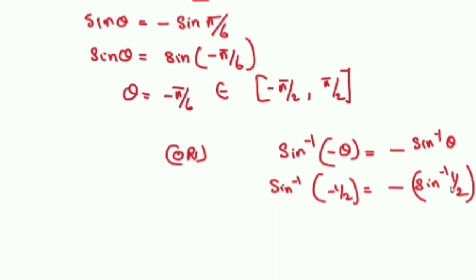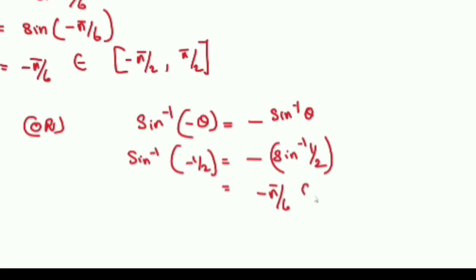Whenever you find an inverse, you have to think about the angle. As I told you, an inverse function gives you the output as an angle, but a trigonometric function gives you the output as a ratio. Here this is an inverse, so think of the angle. So this angle is minus pi by 6, which belongs to this range. So that is the principal value.